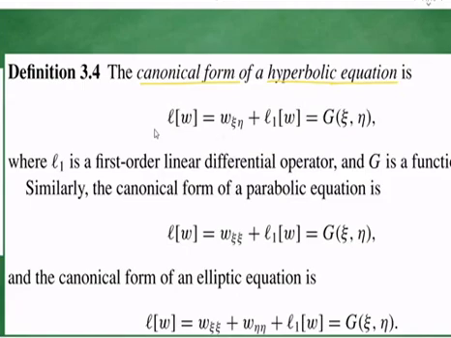The only second order term it contains is W theta eta and the term L1 of W. What is L1 of W? L1 of W means it is a first order linear differential operator. That means it may be a function of theta, eta and W theta, W eta.